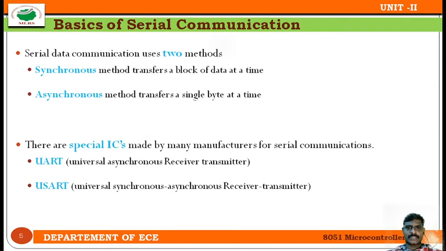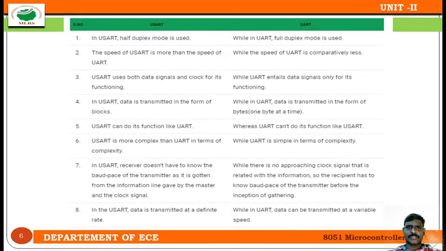For synchronous and asynchronous methods, two ICs are made by manufacturers for serial communications. Those are called UART and USART. UART stands for Universal Asynchronous Receiver Transmitter, and USART is Universal Synchronous Asynchronous Receiver Transmitter. Let's quickly see the difference between these two.